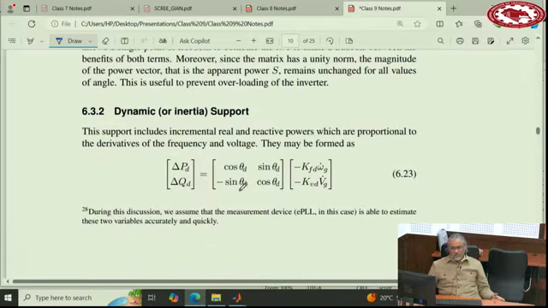And for dynamic, similar thing. Again, I have one matrix here. You can use different theta or the same theta. And now here is the differentiation of the frequency and the differentiation of the magnitude. That's the definition of inertia.